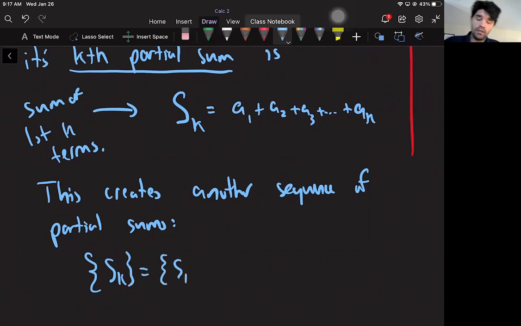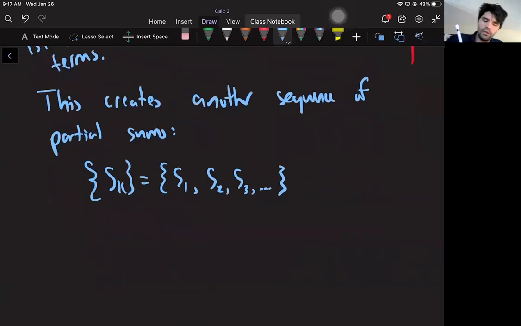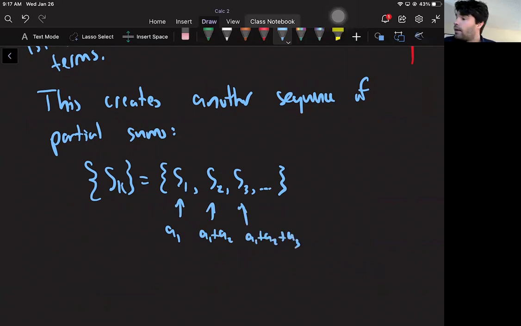So S1 is just adding up one term together. S2 is adding up the first two. S3 is adding up the first three, and so on like that. So again, this guy would just be A1. This one would just be A1 plus A2. This one would be A1 plus A2 plus A3, so on like that.